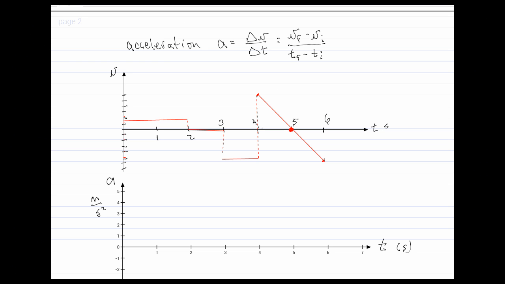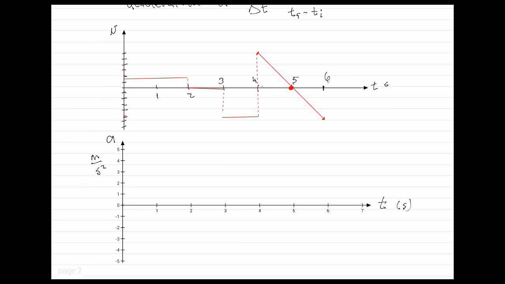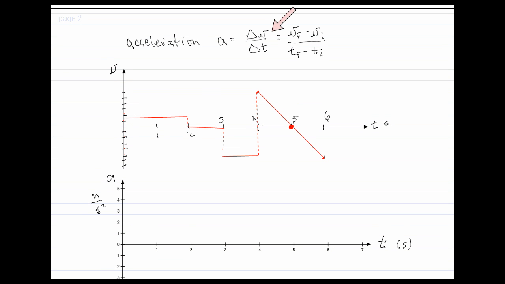Now let's look at the interval from 0 to 2. In that interval, the velocity doesn't change. The velocity was constant. And if we're looking at acceleration, remember acceleration is a change in velocity over a change in time. The change in velocity here is 0.